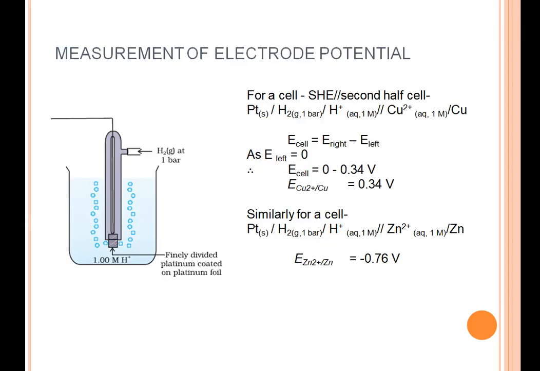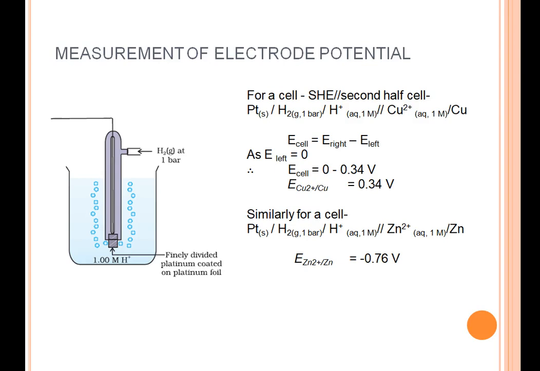Now, the structure of the hydrogen electrode is shown in the figure below. Here, it consists of a platinum electrode coated with platinum black. The electrode is dipped in an acidic solution and pure hydrogen gas is bubbled through it.